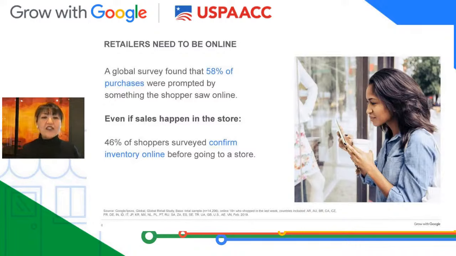Next, it says, global survey found that 58% of purchases were prompted by something the shopper saw online, even if sales happened in the store. 46% of shoppers surveyed confirmed inventory online before going to a store. So again, as mentioned, if you see something on social media, maybe a new product that just came into market, you're not going to immediately purchase, generally speaking.